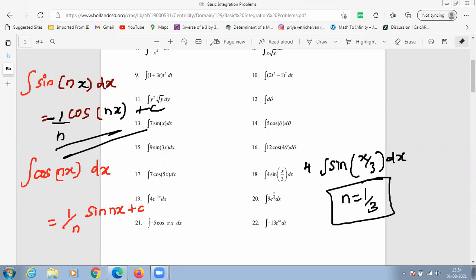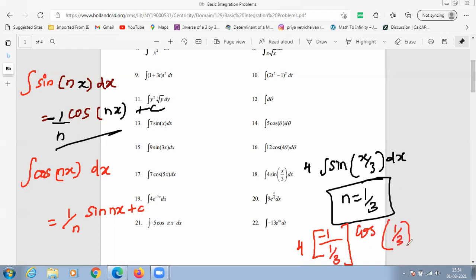The answer is 1 by n, right? So it's going to be 4 times, write this 4 as it is. Whenever the constant is in multiplication in the integration, you just keep it as it is. So it's going to be minus 1 divided by n. The value of n is 1 by 3, and cos nx, n is 1 by 3 into x dx.